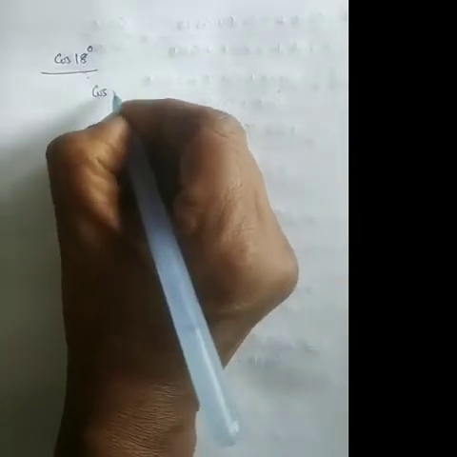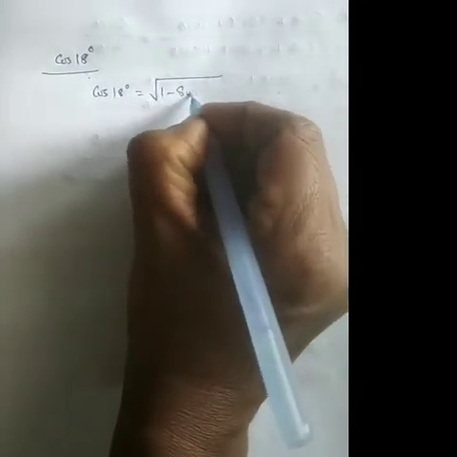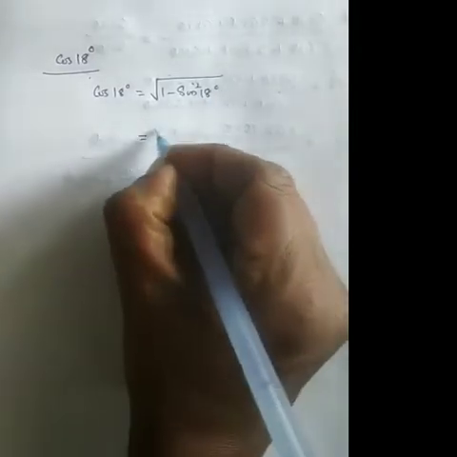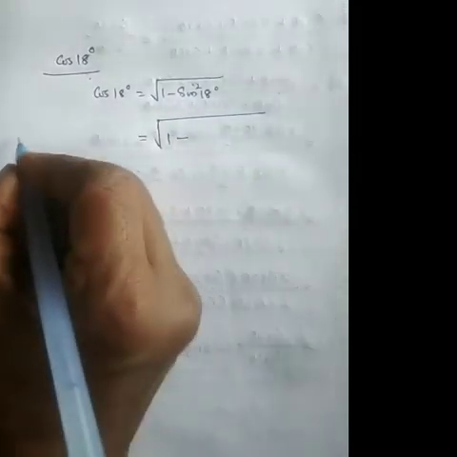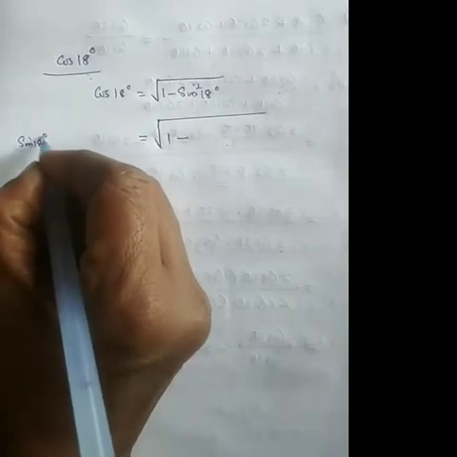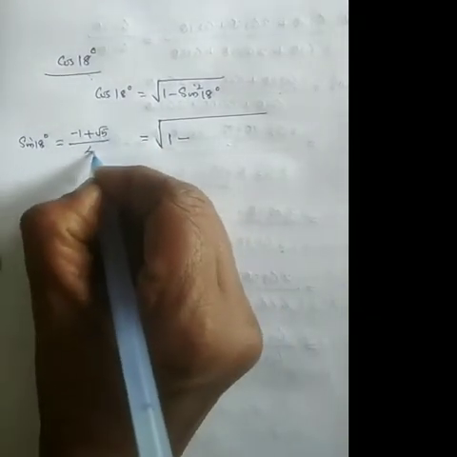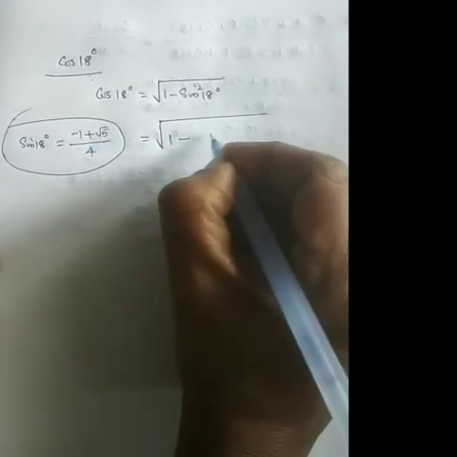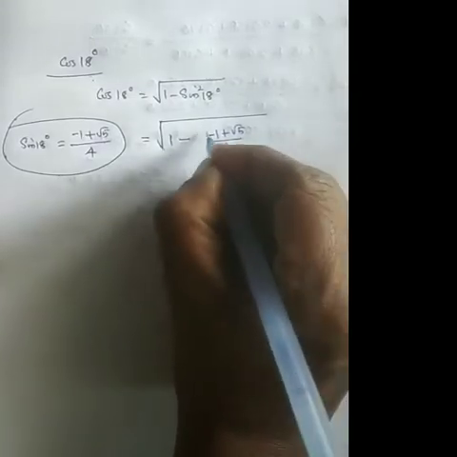We know that cos 18 equal to root of 1 minus sin square 18. Okay. It's equal to square root of 1 minus sin 18, which is minus 1 plus root 5 by 4, the whole square.